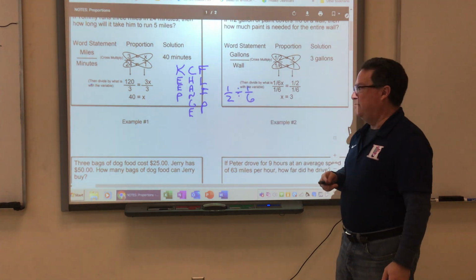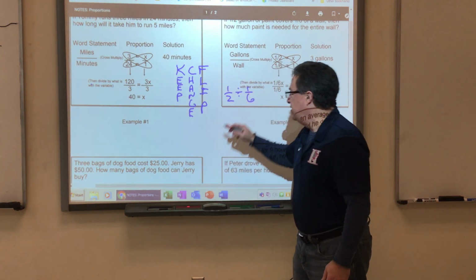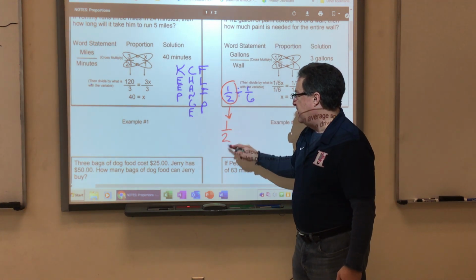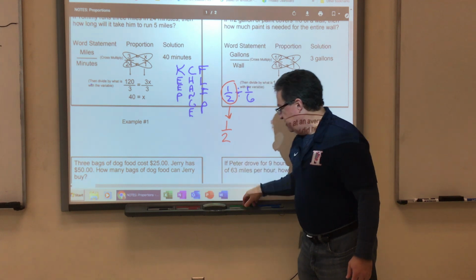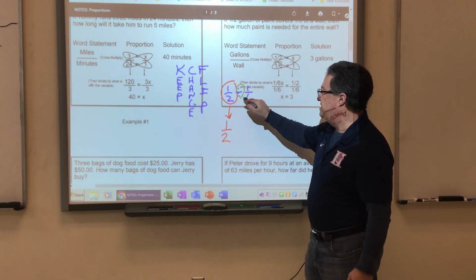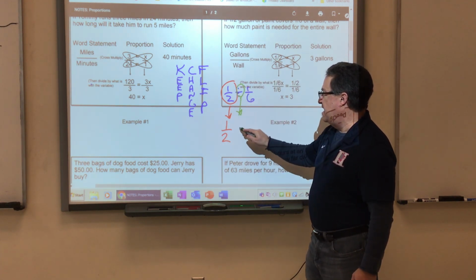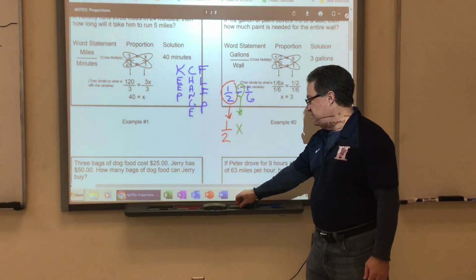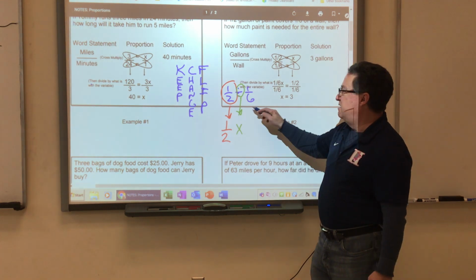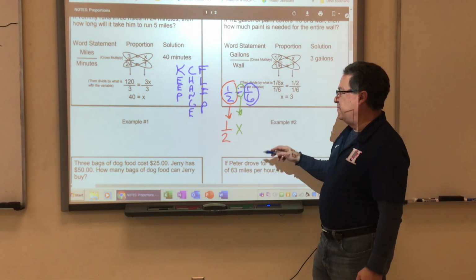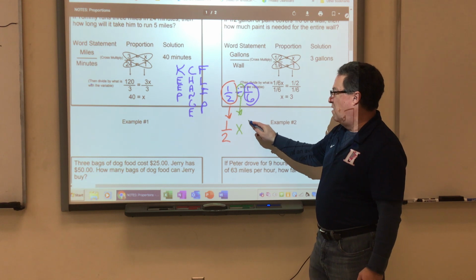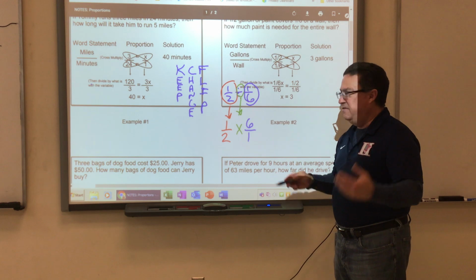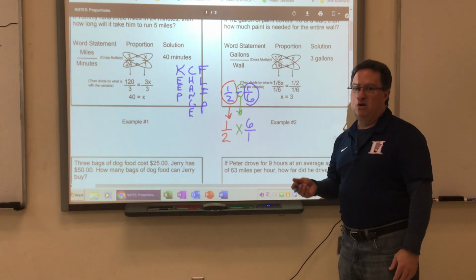Keep, change, flip means keep the first fraction. So when I go down here, I'm going to keep this fraction. Change stands for changing the sign. Changing the sign will be the opposite of division, which is multiplication. Flipping talks about the second fraction. Instead of 1/6, I'm going to write 6/1, which some of you know is called the reciprocal.